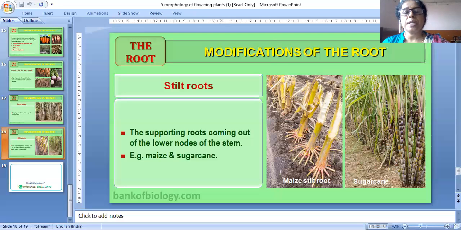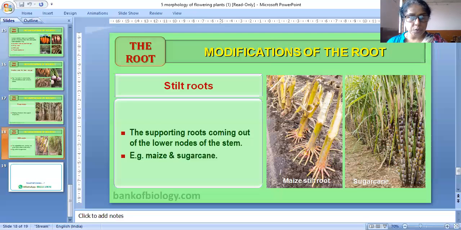Leaves of dicotyledonous plants generally possess reticulate venation. Reticulate venation is a characteristic of dicotyledonous plants and parallel venation is the characteristic of most monocotyledons.